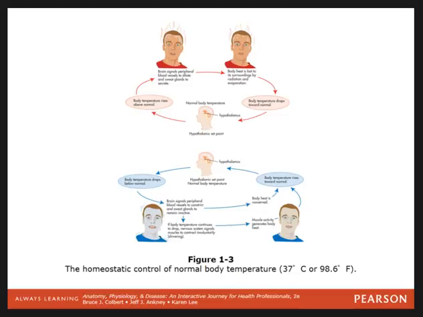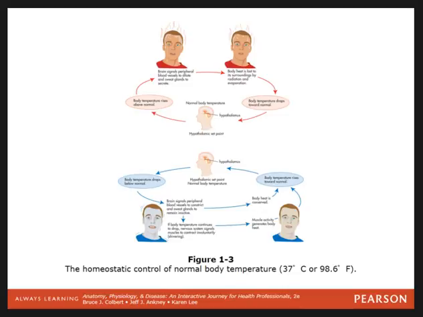So what that does, if we're too hot, we sweat. When water gets on the surface of our skin through sweat, when air comes in contact with the water, it will evaporate it, and that will help cool down the surface of our skin. That's called evaporative cooling, and then it helps bring our body temperature back down to normal.